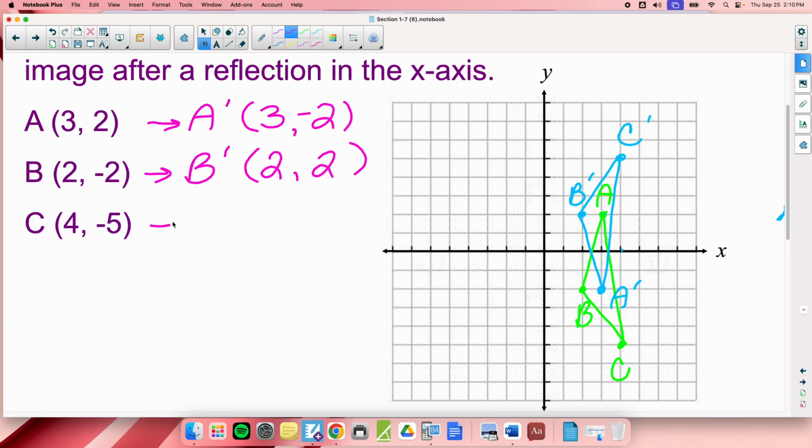And then for C prime, my 4 is gonna stay the same, right? And what is the Y gonna be? +5. And if you look over 4 up 5, that is our new C. Okay? Does that make sense?